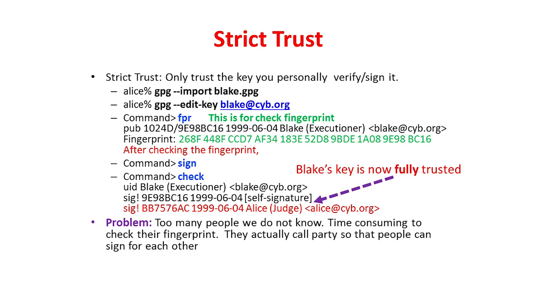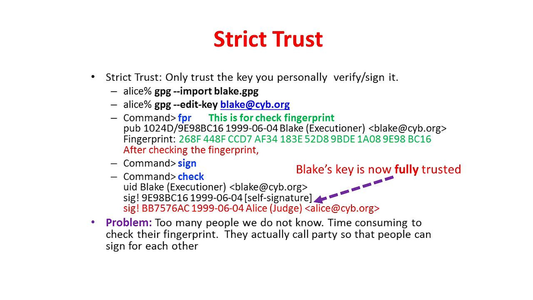After checking the fingerprint either by calling or emailing the person or their friend, we can use the sign command to make Blake's public key fully trusted in our GnuPG key ring.